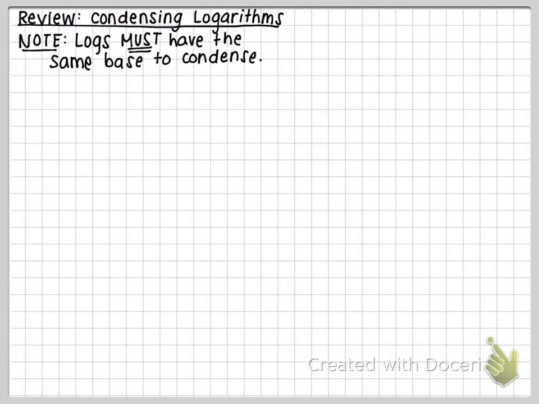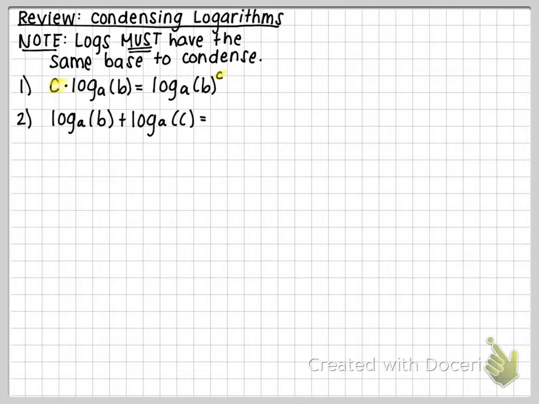When we're condensing, remember that logs must have the same base to condense. So let's just review these rules really quick. It's the opposite. If you have c times this whole log base a of b, this c can go up and it's going to become an exponent. If we're adding, we're really multiplying to condense, but remember these have to have the same base.